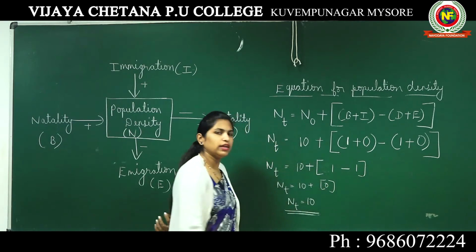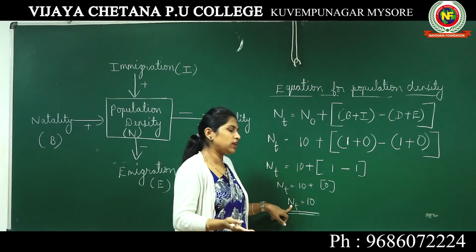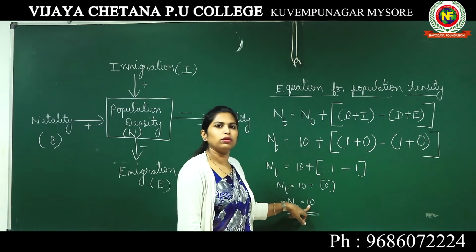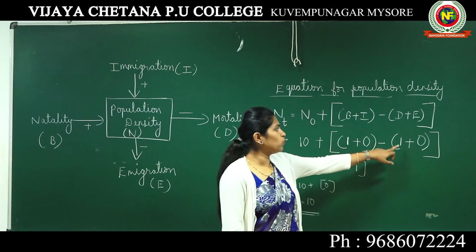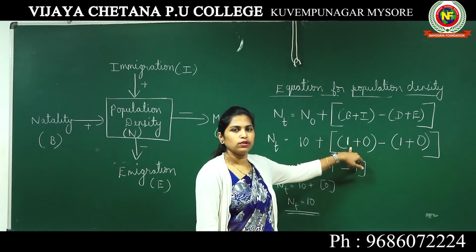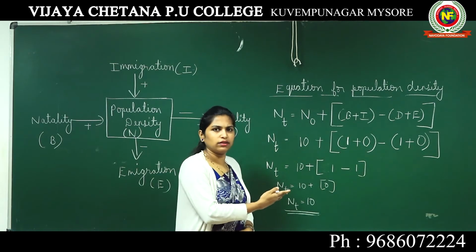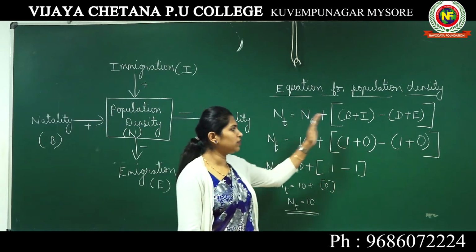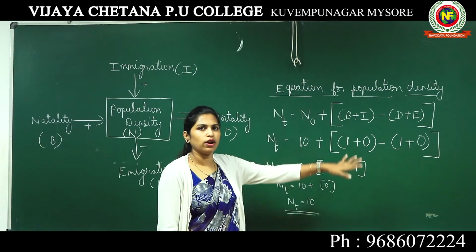The population density at time t, that means after 1 year, is going to remain the same. Why? Because even though there was one death, there was one birth also. Similarly, if we are doing this in practical, we can write realistic numbers and get realistic data. This is just for your understanding.